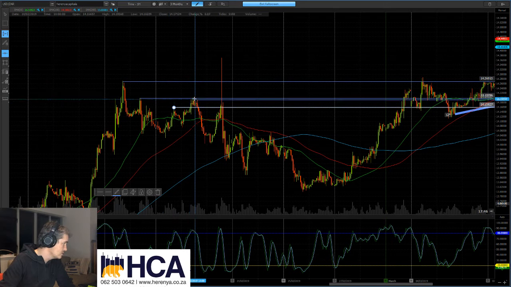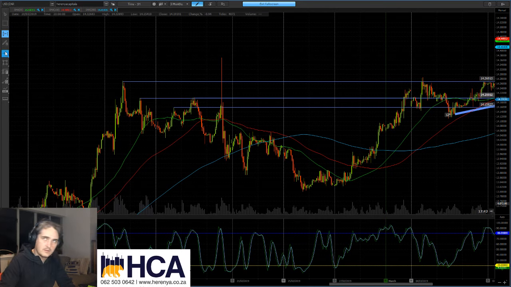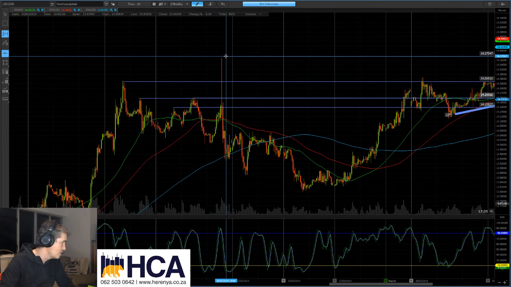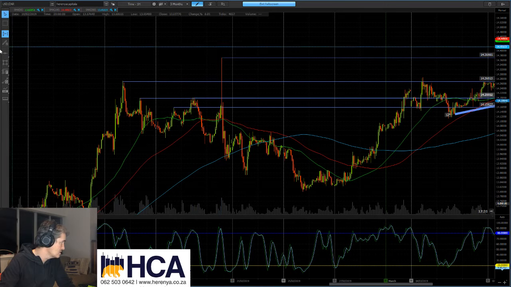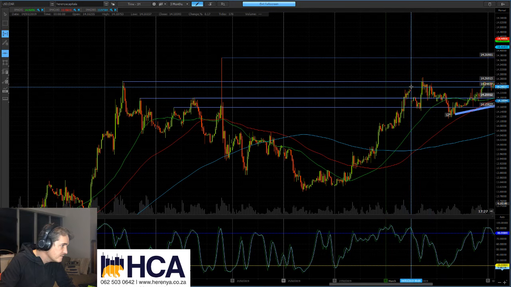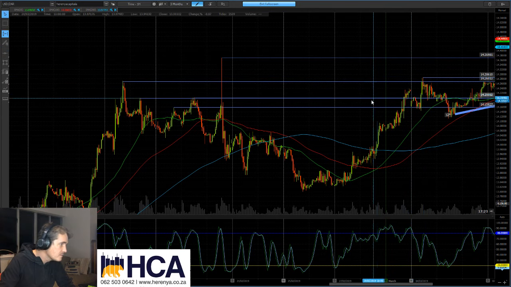That is confirmed resistance. I'm using not the Gann 2-day method. What's the other one? The Williams or DeMark method, or whatever it's called. That is confirmed resistance. That is not. That is.